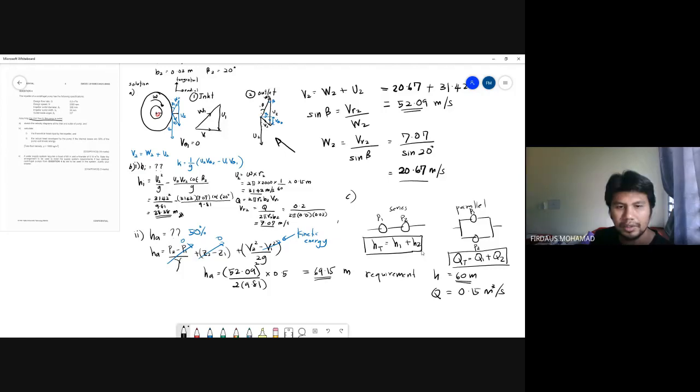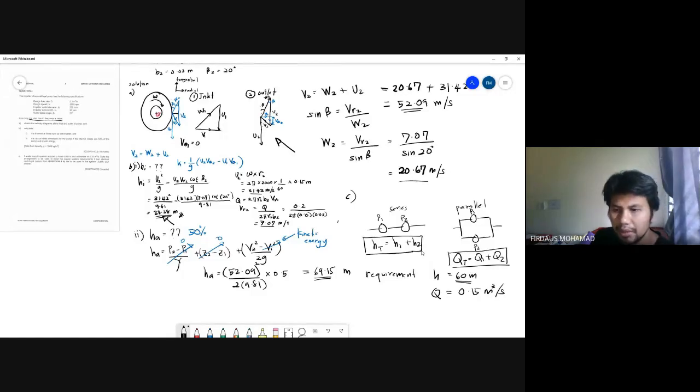Okay, H ideal ni, 38.38 meter. But now the requirement requires 60 meter. So kalau kita guna satu pump tak cukup, we need to add another pump in the sense that the arrangement must be in series.